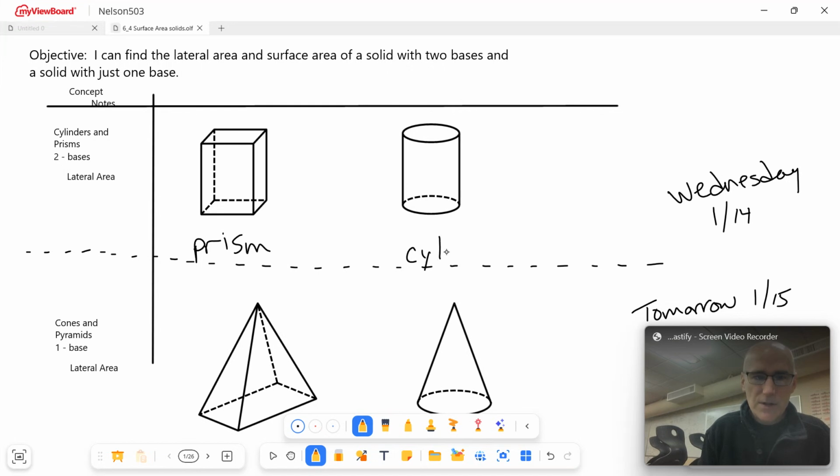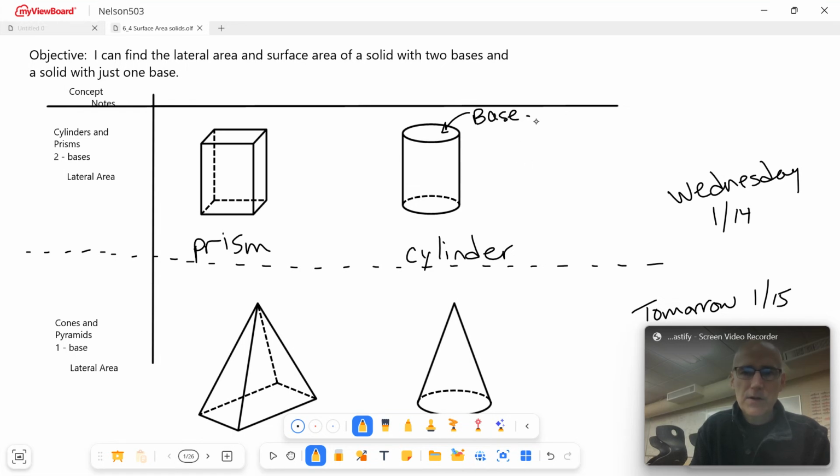And I think my question was, why are we talking about these two today and these two tomorrow? Well, what do you notice between these two? What do they have in common? And how are they different from these guys down here? Well, these guys only have one base, and these guys have two bases. So let's make a little note of that. This is a base up here, right?